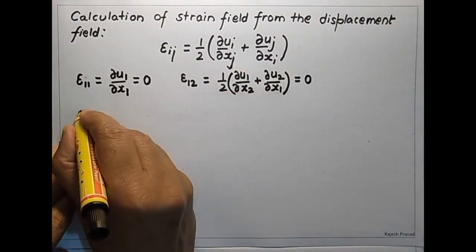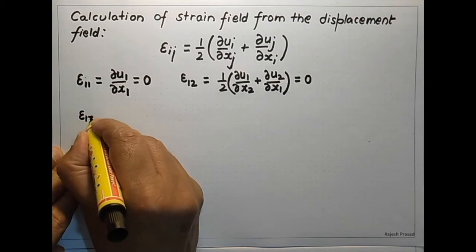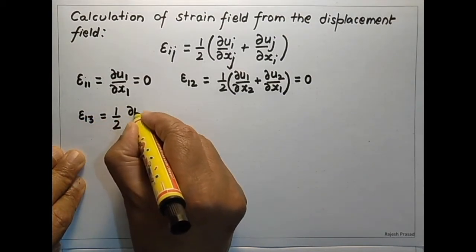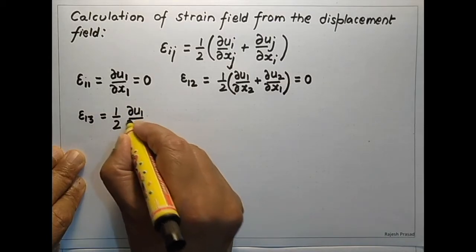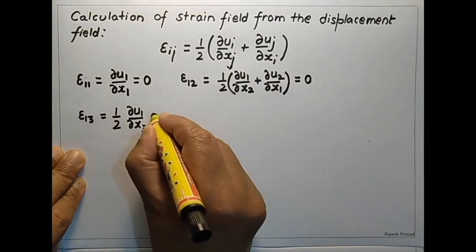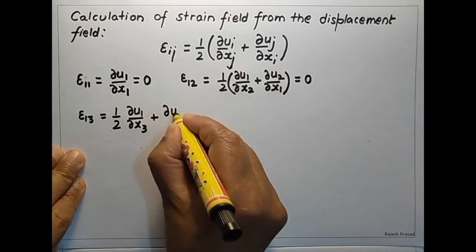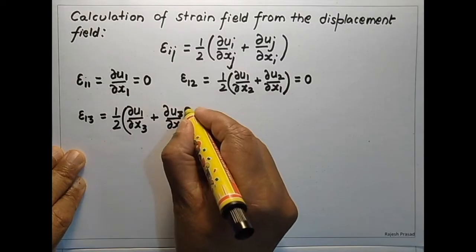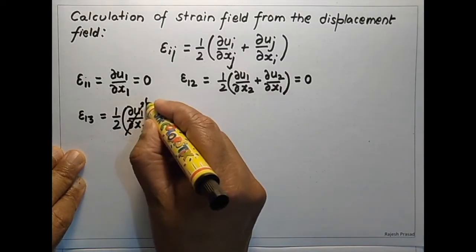Epsilon 13 is half of del u1 by del x3 plus del u3 by del x1. u1 is 0, so the first term is 0.